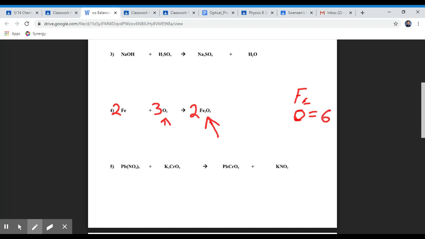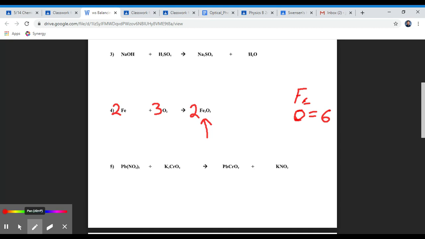As soon as I put that 2 in front of the Fe2O3, because I have 2 right here on the Fe and I also have a 2 out front, what we essentially end up doing is multiplying those two. So I really have 4 irons right there.